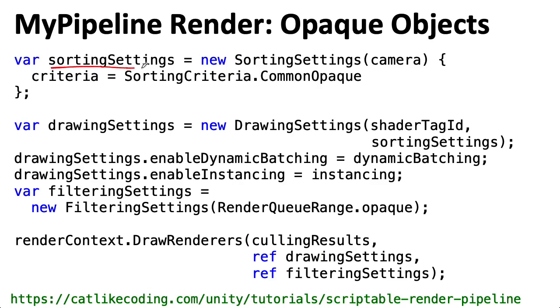So we're going to create a sorting settings variable that has the criteria set to sorting criteria.commonOpaque. This is a C#ism where you can set the instance variables like this during the construction. Next, we'll create some drawing settings consisting of this common opaque sorting setting, and we also need to give it a shader tag ID.